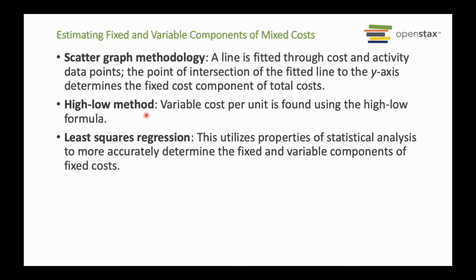With the high-low method, we calculate the variable cost per unit by using a certain formula, which we will look at just now. And least squares regression is a statistical analysis method that calculates the fixed and variable components more precisely than the high-low or the scatter graph method.